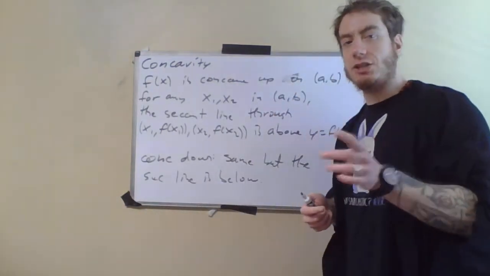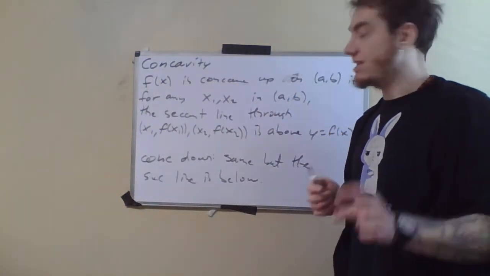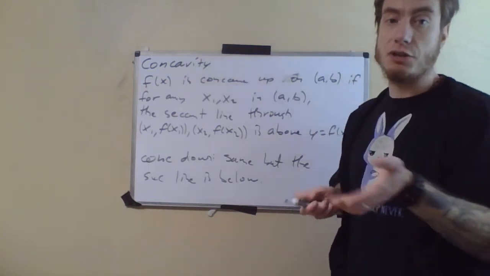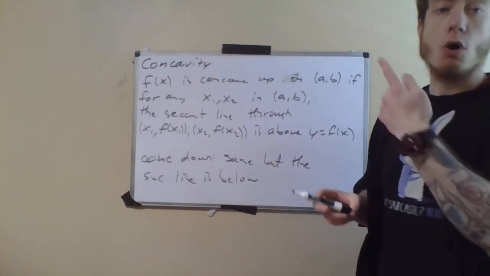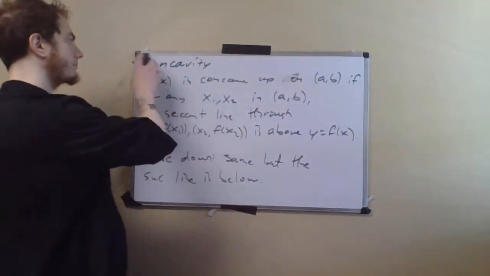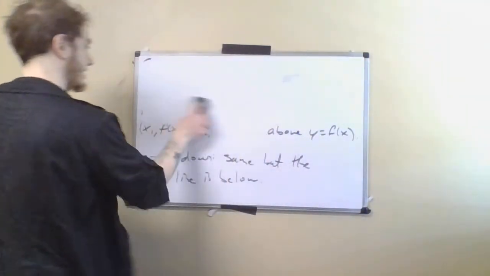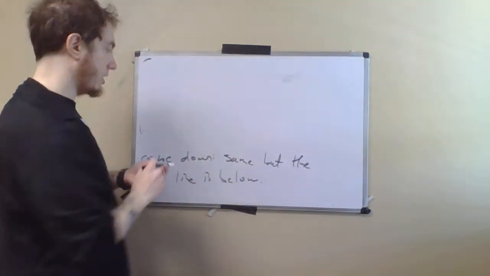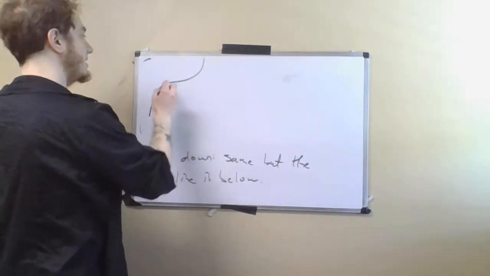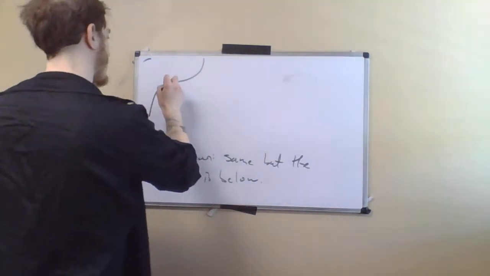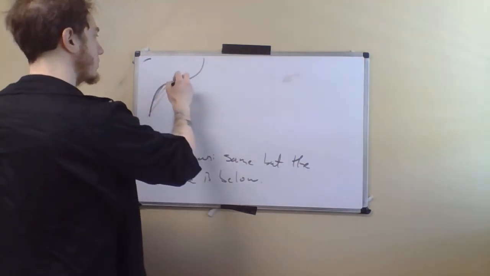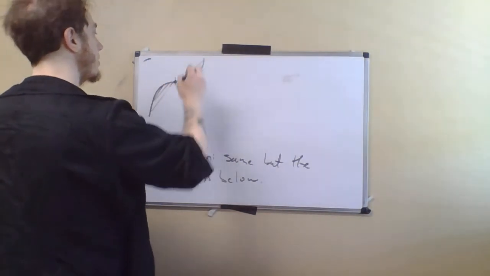It's often pretty easy to geometrically see that this would be true in some cases or not true. You can visualize from the graph very easily. Do all these secants lie above? Do they lie below? If I give you a picture like this, it's fairly easy to see that over here, all of these secant lines are going to sit below the curve, whereas over here, all of these secant lines are going to be above the curve.